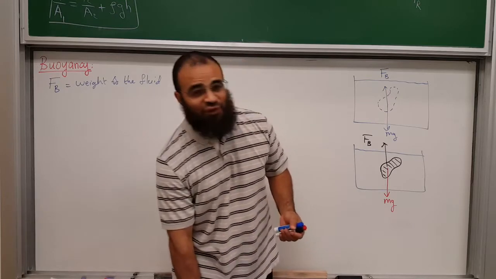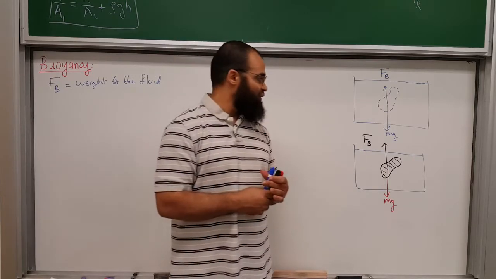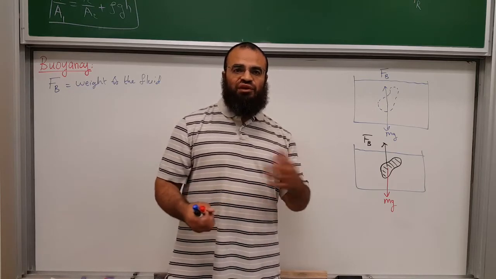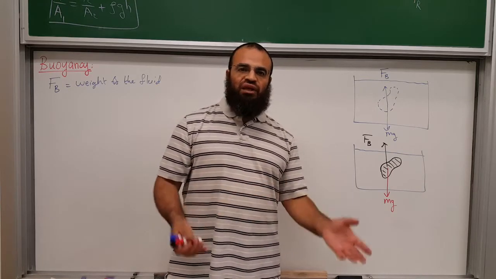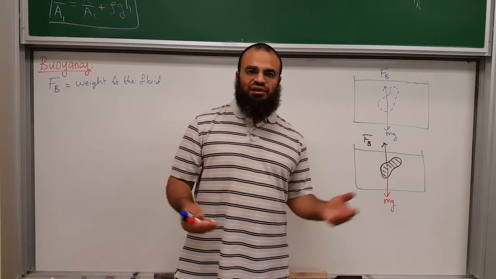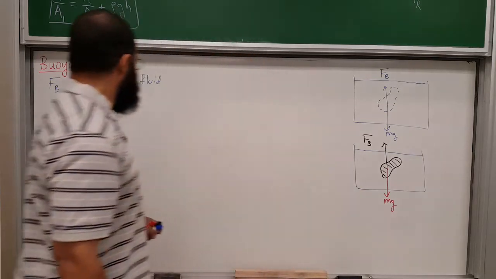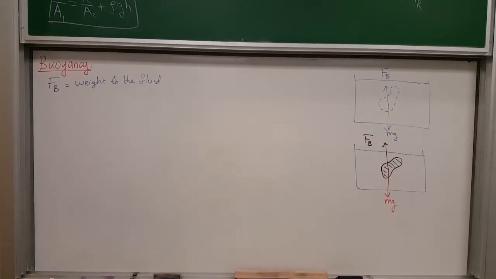The same thing with Kepler's laws, if you remember from the previous chapter with planetary motion. We still call them Kepler's laws because they were discovered by Kepler, but they're really an application of Newton's second law and universal law of gravitation. All right? Okay, so that is the buoyancy, and there are applications to that.